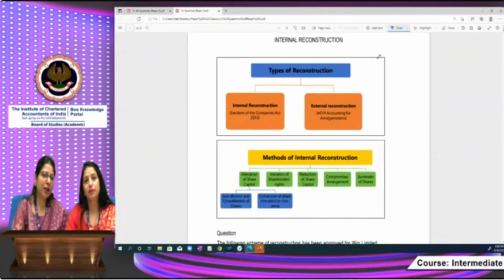And one more thing: whichever calculator you want to use in the exam, set your hand on it beforehand. Because if you buy a new calculator and take it to the exam, then your hands will not be set, your fingers will not be set on the calculator. So it is always advised that you purchase a calculator beforehand and set your fingers on it, because calculations are required in the paper.